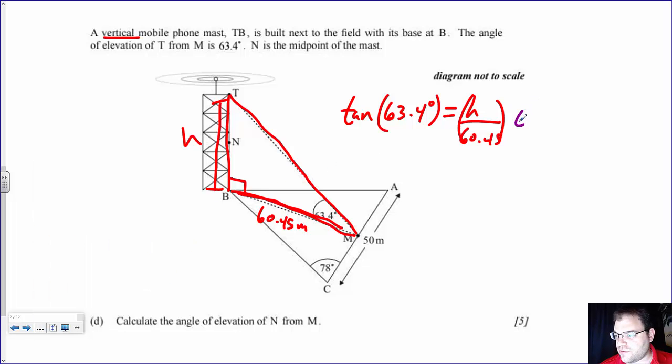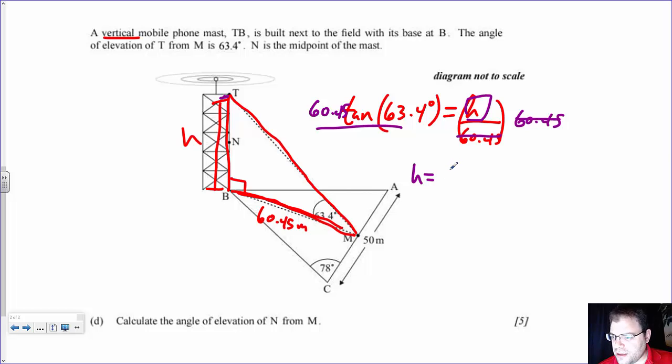And what I'm going to say now is if I multiply both sides of this equation that I've just made by 60.45, these cross out, and now I have h is equal to this. This will tell me the height of the entire tower, which is nice to know. So let's actually figure out what that is.